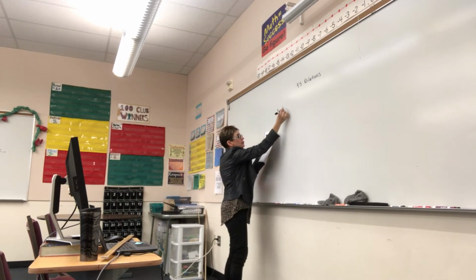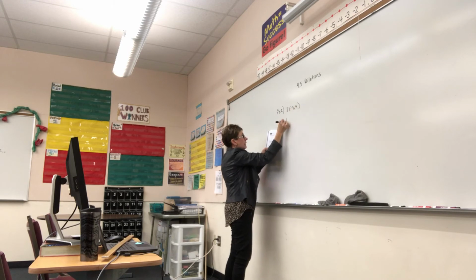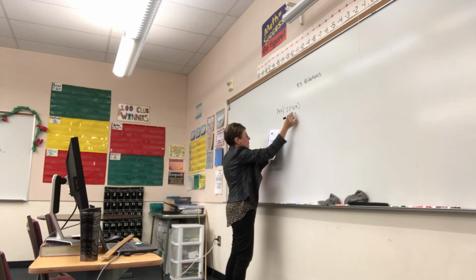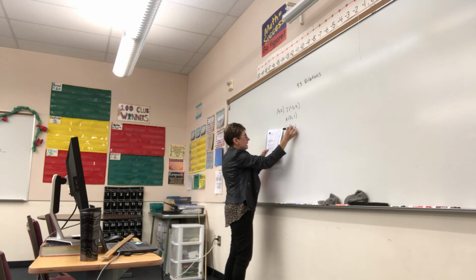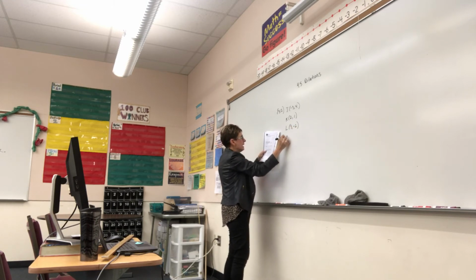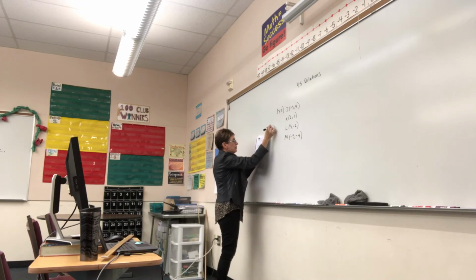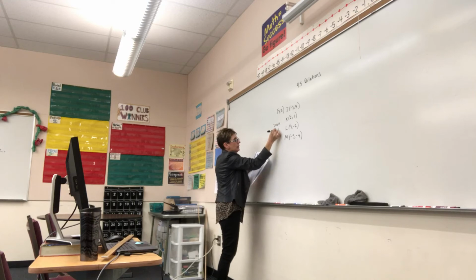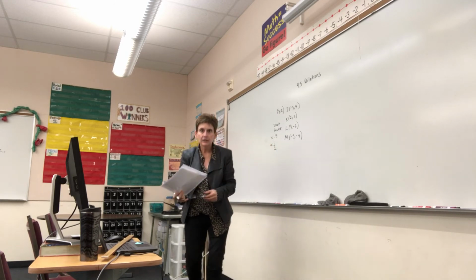I'm going to put J at negative 3, 4, K at 2, 1, L at 3, negative 2, and M at negative 5, negative 4. And for this problem, I'm going to say the scale factor is 0.5. If you want to, you can think of that as 1/2. Obviously, they're equivalent, so either way is good.